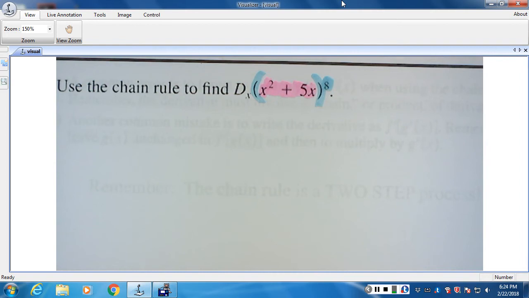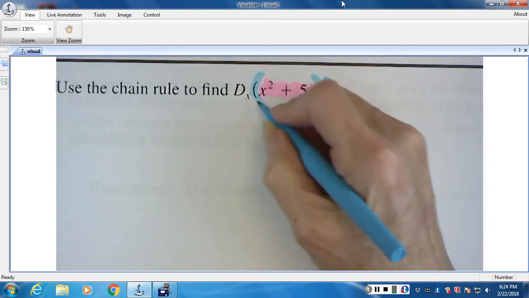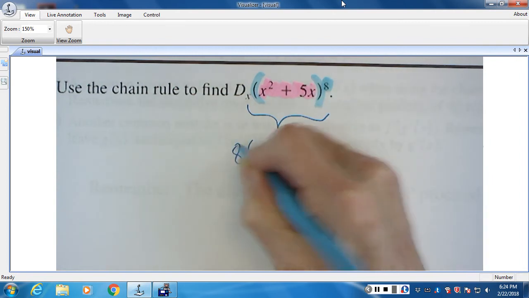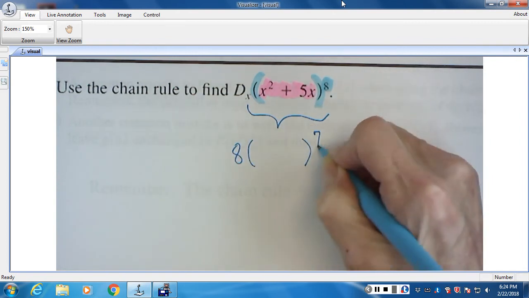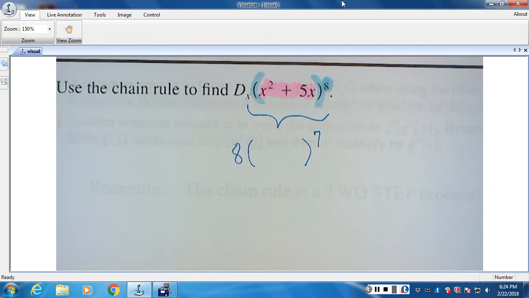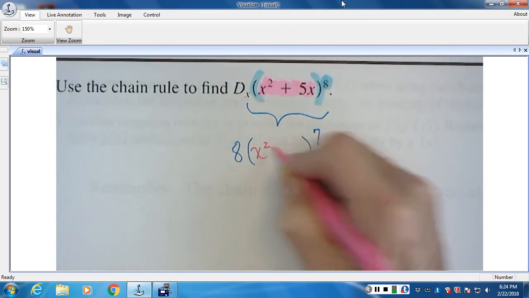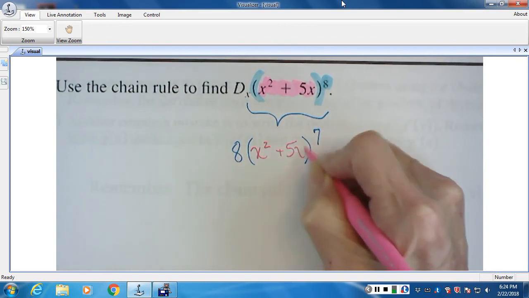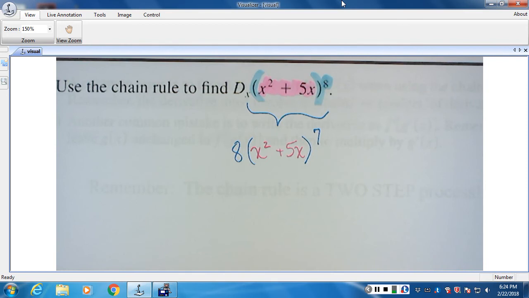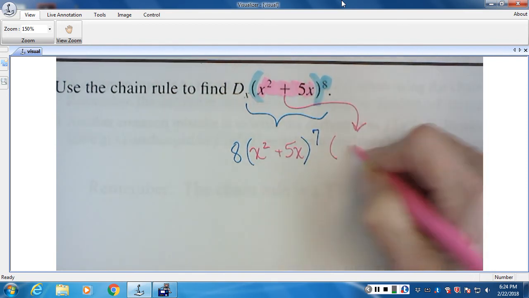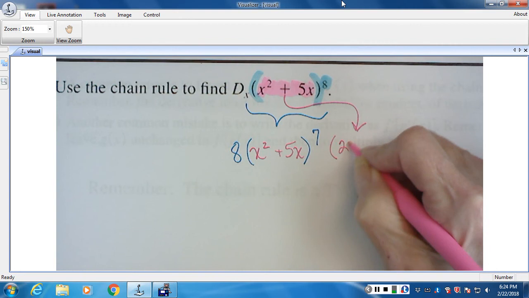What we're going to do is take the derivative of the outside first. Bring the 8 down in front and reduce the power by 1 and call it 7. Then we're going to take the derivative of the inside function, which was x squared plus 5x, and the derivative of x squared plus 5x is 2x plus 5.